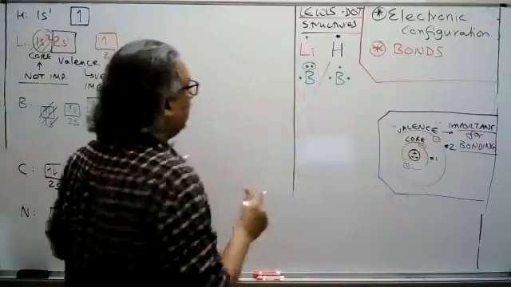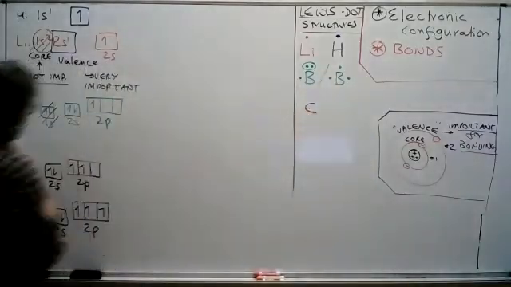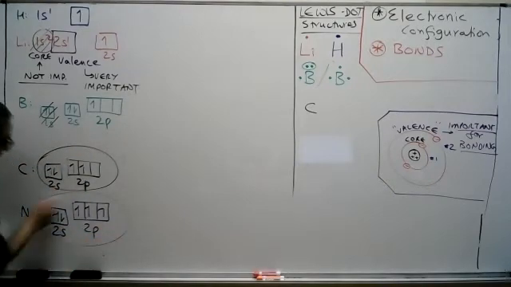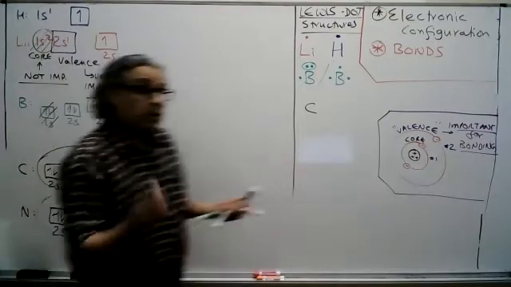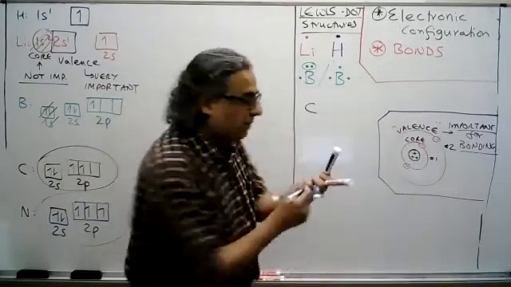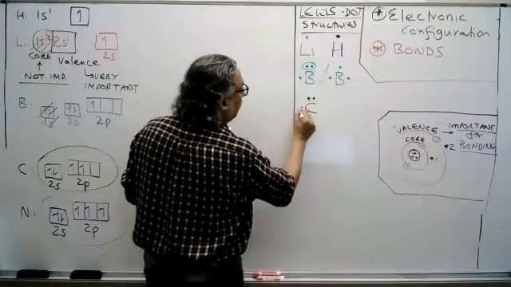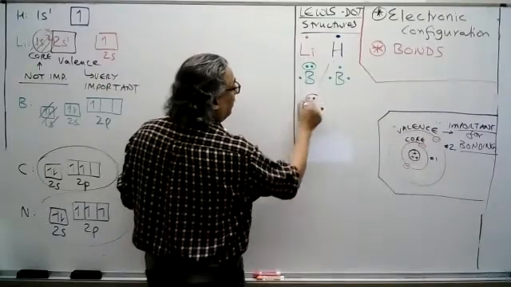For carbon, the way it's written, 2 electrons in one orbital, this whole thing is valence. This whole thing is valence. So altogether, carbon has 4 electrons in the valence shell. So the way it's shown there, if I just exactly copy it from there, then 1 electron should be single, unpaired, another electron should be single, and there should be 1 pair.